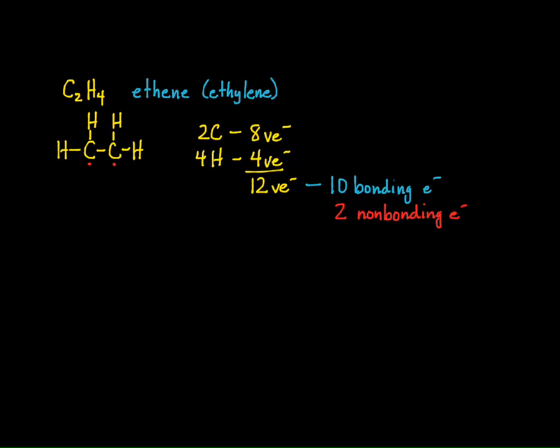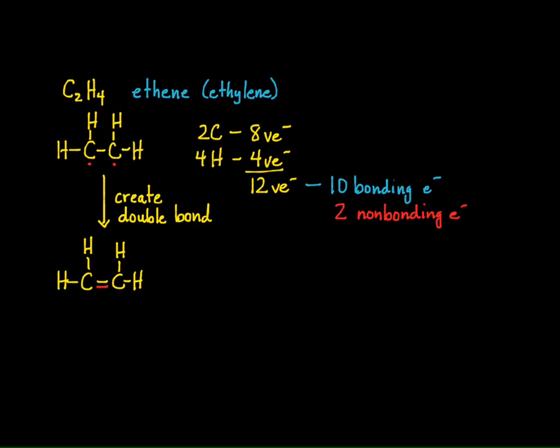Again, though, each carbon isn't satisfied by the octet rule. So what do we do? Well, you create a double bond. So each carbon is going to share the 2 electrons together. And so we get a structure that looks like this, right?